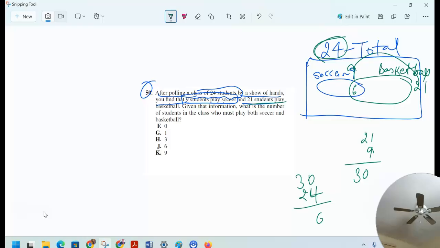Otherwise, 9 minus 6 is 3 students who play only soccer. And 21 minus 6, there are 15 students who play only basketball. So it's good to understand the whole Venn diagram. This is called a Venn diagram.